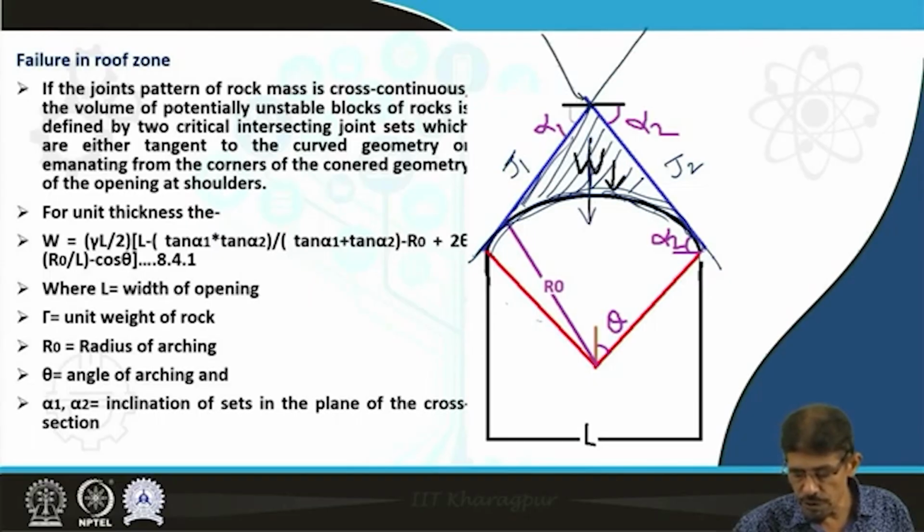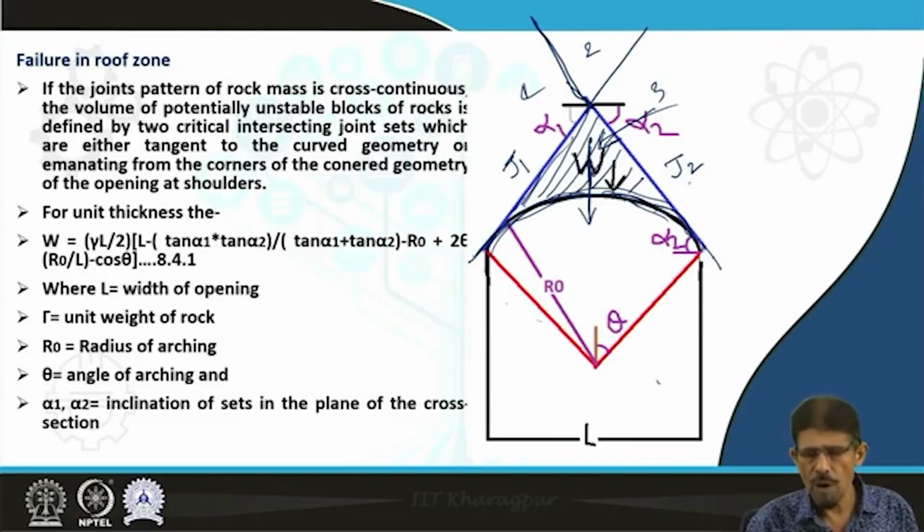Due to this, the other blocks associated with this block, block number 2, block number 3, block number 4, start supplementing the gap formed by this block. So the load coming on the support system is simply the weight of the block. For calculation related to the block for unit thickness, we can elaborate in this way.